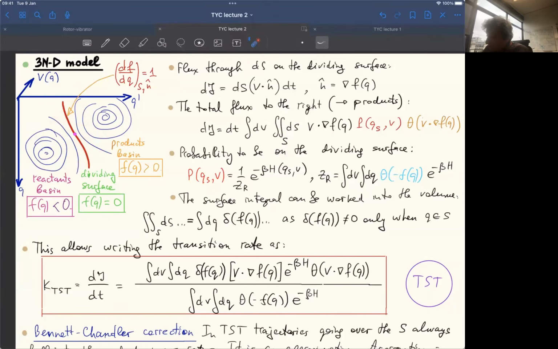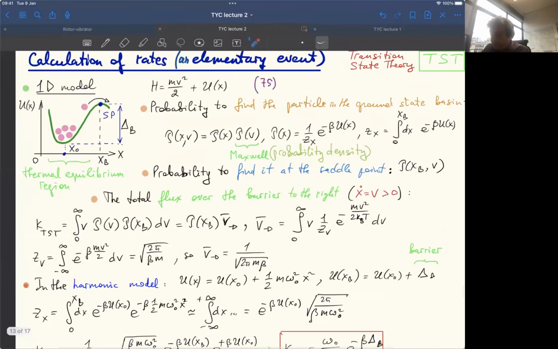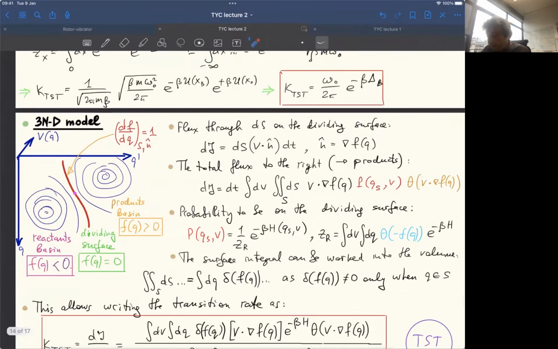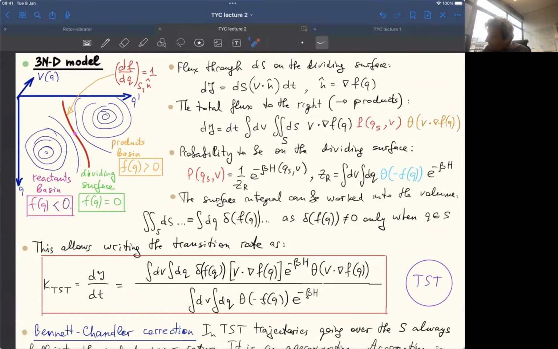And also we integrate over all possible velocities, but we have to be careful with the velocities, because remember, in the one-dimensional case, we were considering velocities directed to the right only. We were integrating from 0 to infinity. Here we do the same. We take only those velocities, when we integrate over velocities, which make an angle less than 90 degrees with the normal to the surface, so only those velocities which are directed from the reactant basins into the product basins.